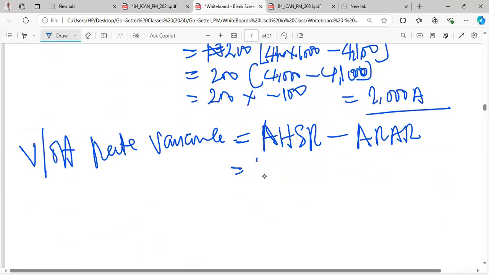So actual hours worked is 4,100 multiplied by the standard amount 200.